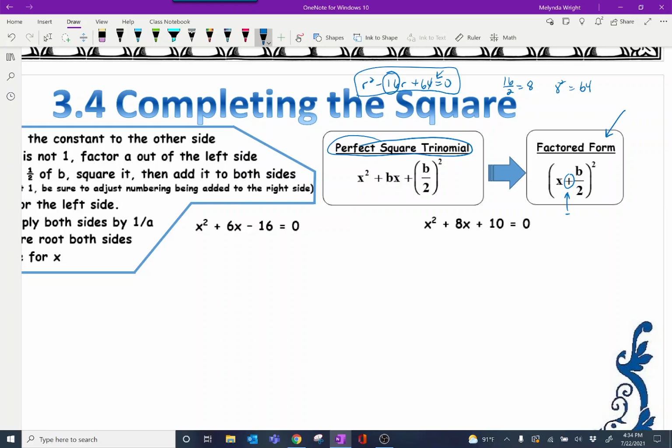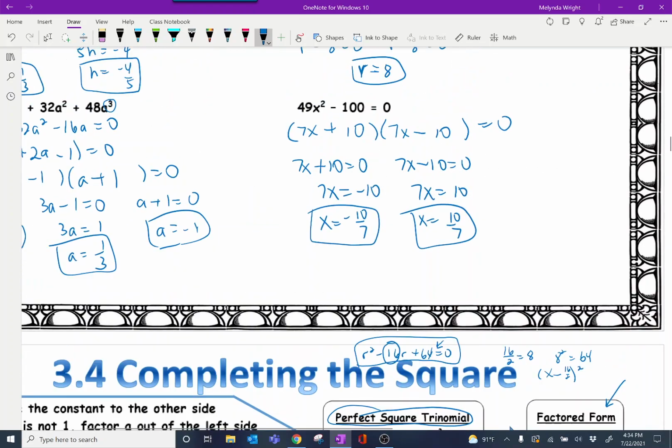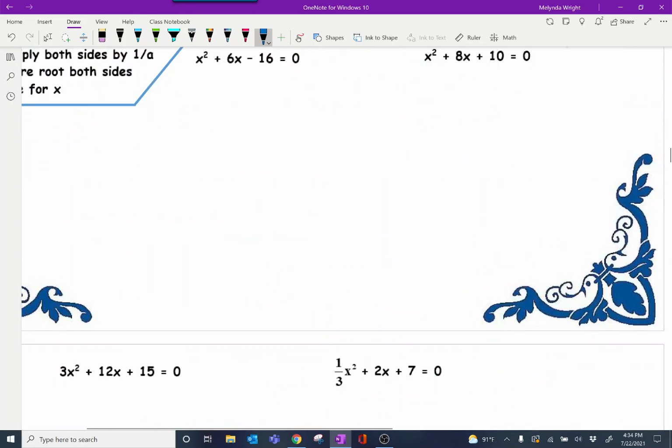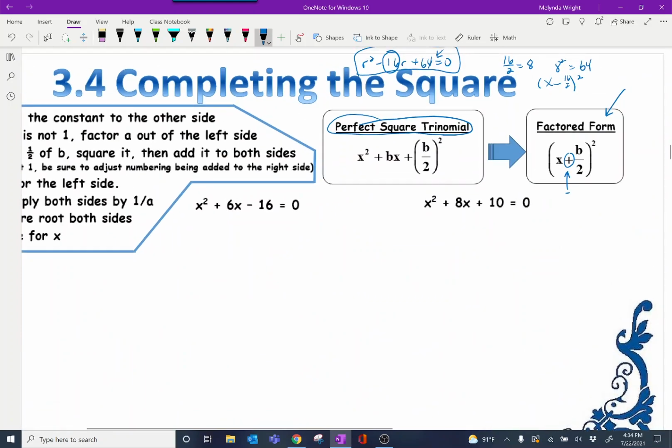So in this example, that would have been x minus 16 over 2, squared, so x minus 8 squared, and if we look up here, sure enough it was r minus 8 squared. I think that's just fun. I just wanted to go through that.